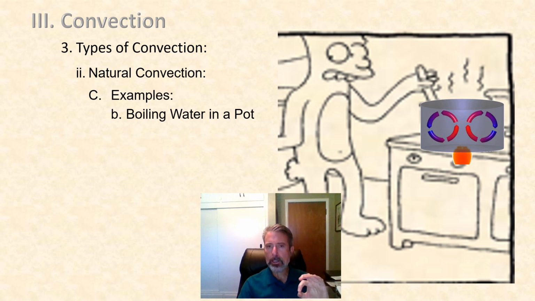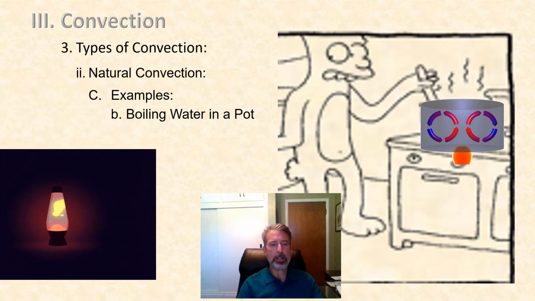But that water on the bottom, once it gets heated, will rise because it becomes less dense and more buoyant than the cooler water above it. And what you see here is that these circular convection currents get set up. So the warm water rises up, but as it rises up, it cools off, becomes more dense, and then will end up falling again, only to have this process repeated. So this is how you get these circulating convection currents set up in a fluid.